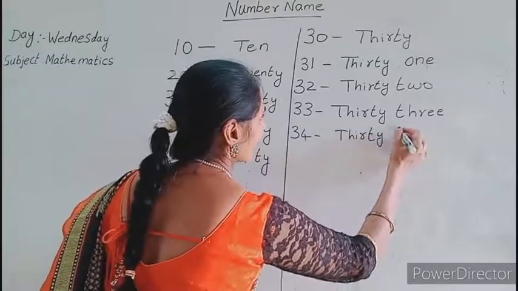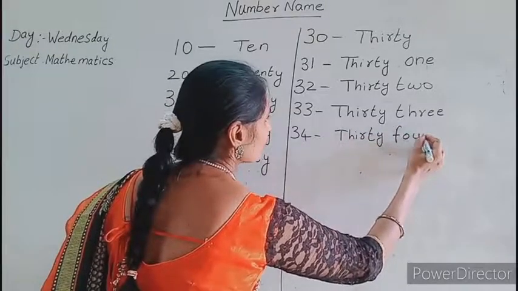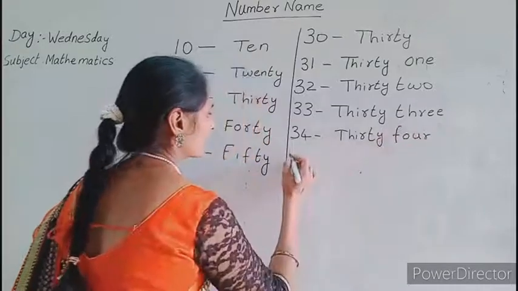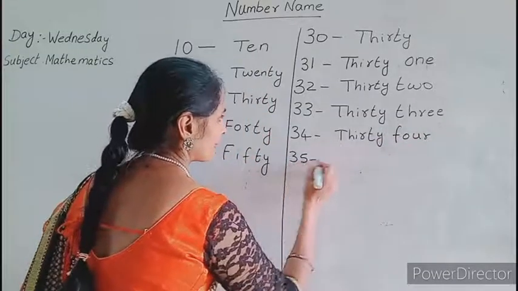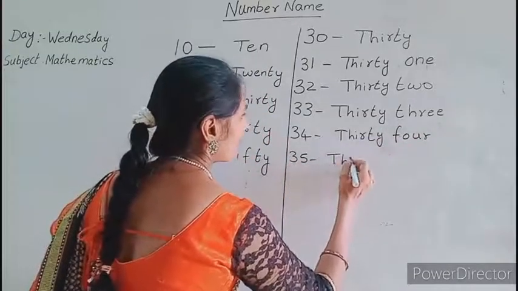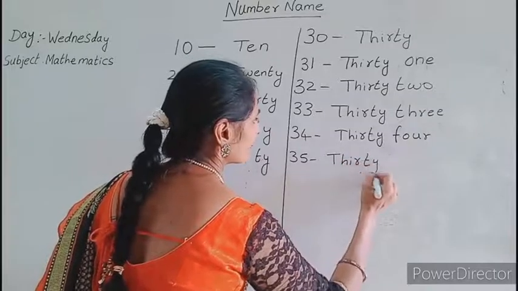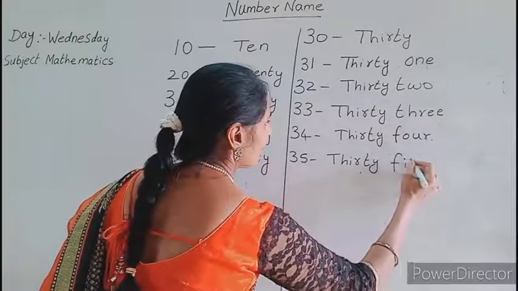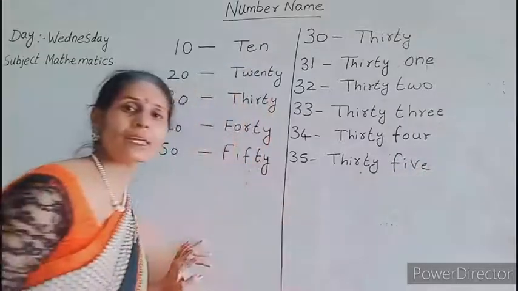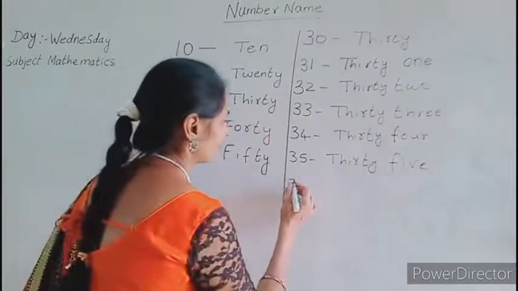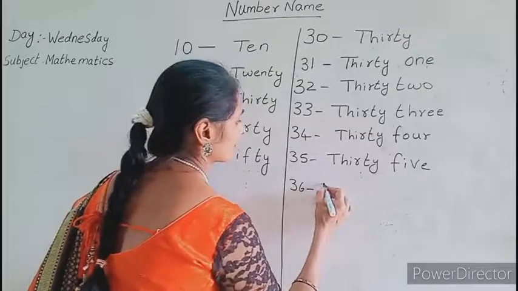T-H-I-R-T-Y, 30. F-O-U-R, 34. Then T-H-I-R-T-Y, 30. F-I-V-E, 35. Then 36.